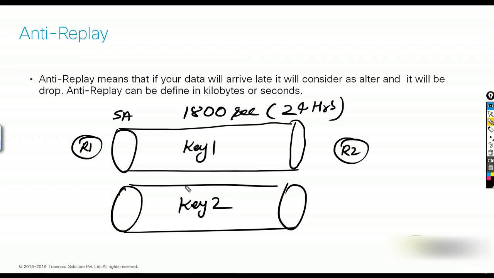Now what is the advantage of this short security association? It means that when an attacker tries to capture the traffic, that requires some time to find out what the key is. But this short span of time is not enough for the attacker to decrypt it.